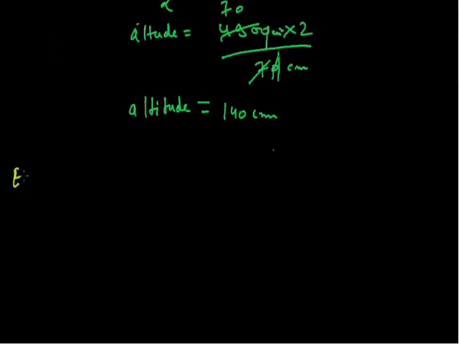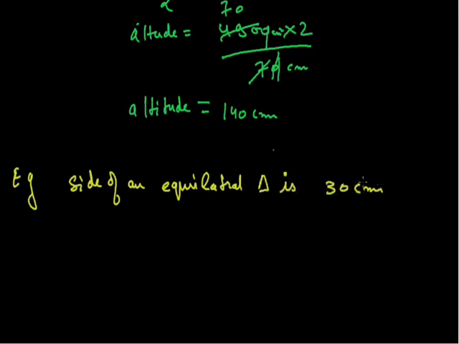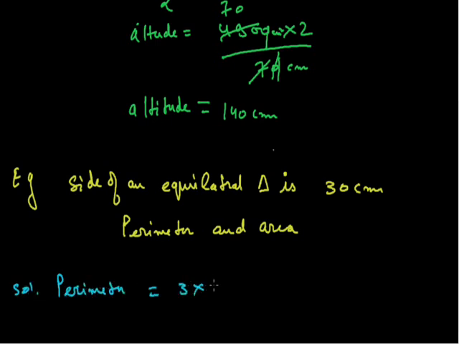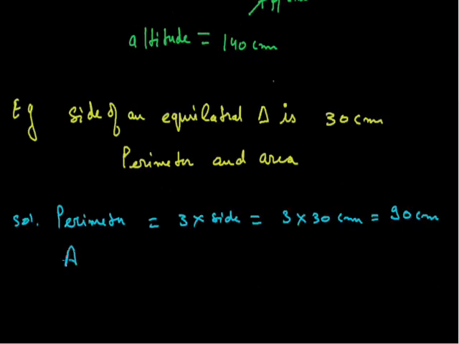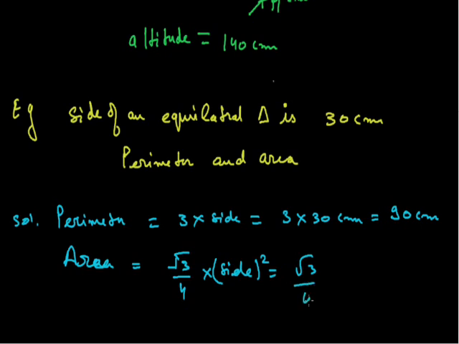If we are given the side of an equilateral triangle, for example, the side is 30 centimeter, and we have to find its perimeter and area, then its perimeter will be 3 into side, that is 3 into 30 centimeter, that is 90 centimeter, and area will be root 3 by 4 side square, that is root 3 by 4 into 30 into 30 centimeter square.